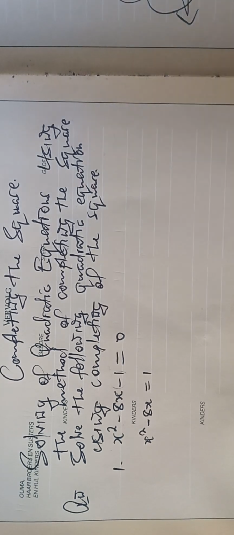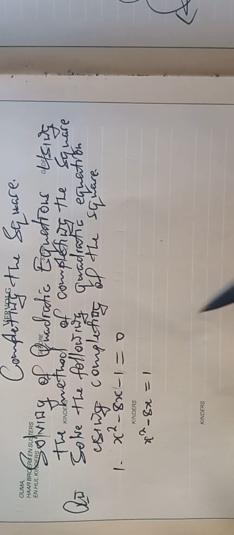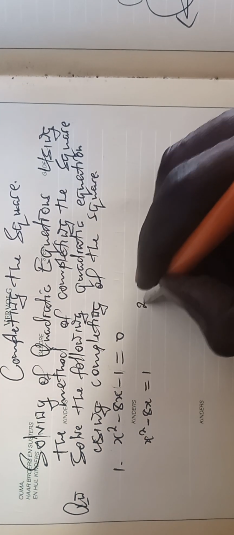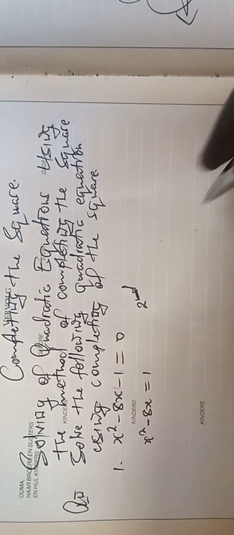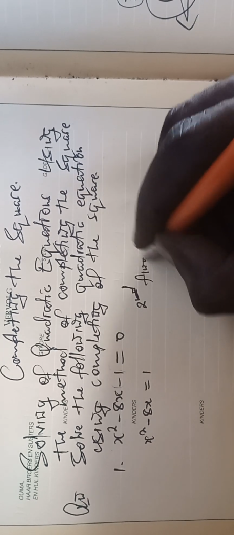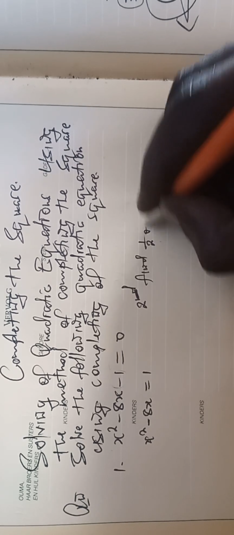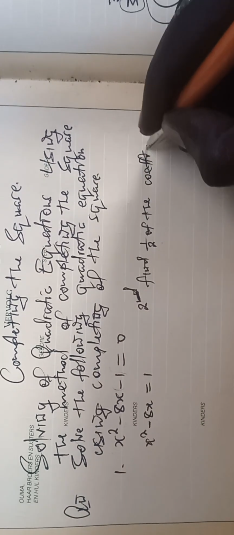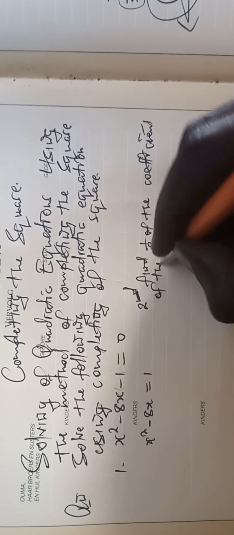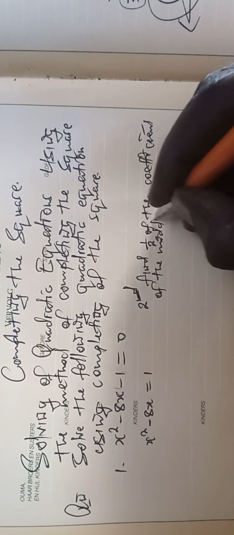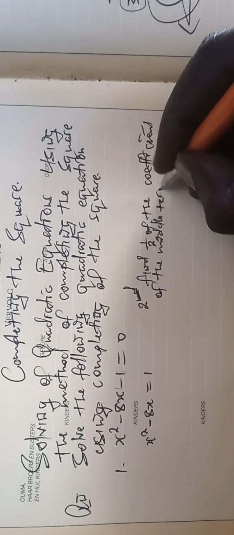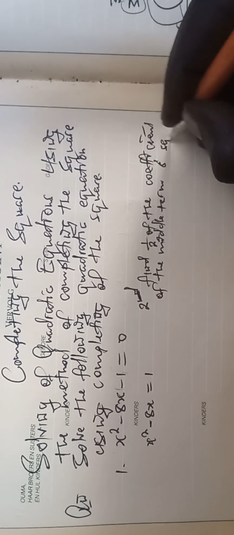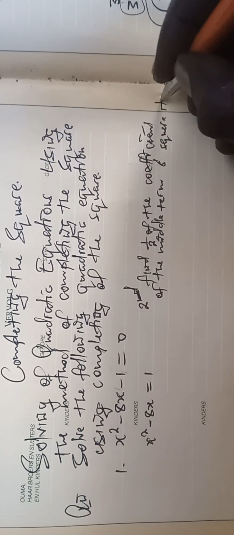After taking the constant to the other side, the second and most important step is to find half of the coefficient of the middle term and square it.